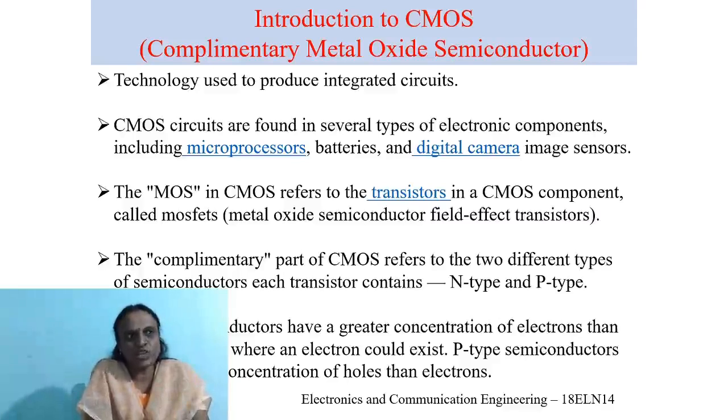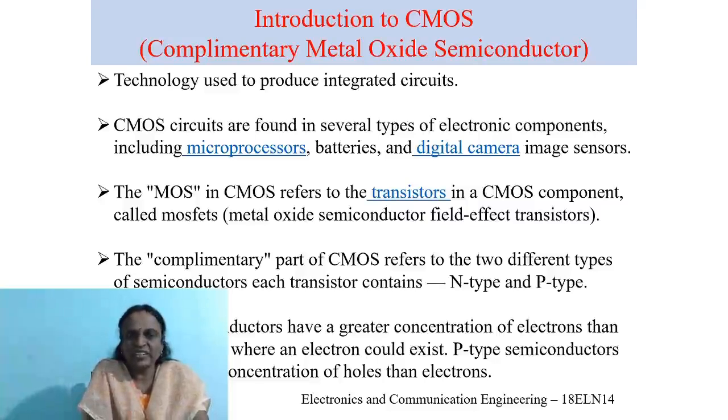Each MOSFET includes two terminals, that is drain and source, and a gate, of course, which is insulated from the body of the transistor.